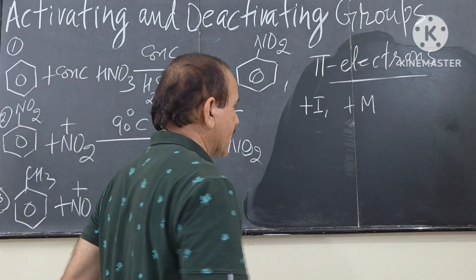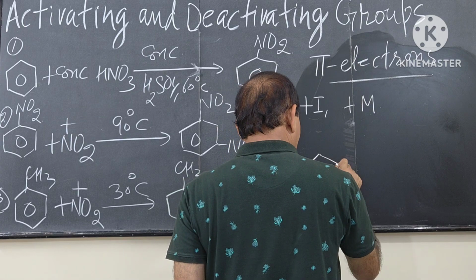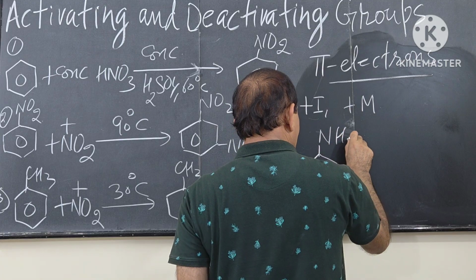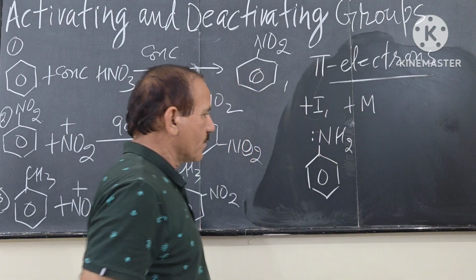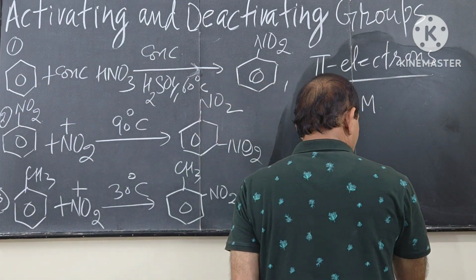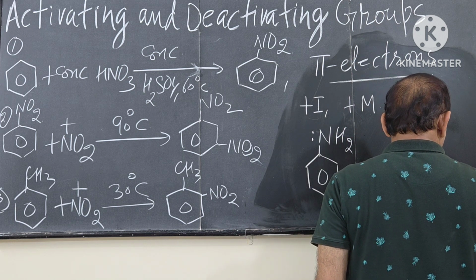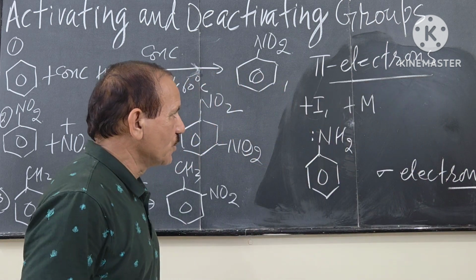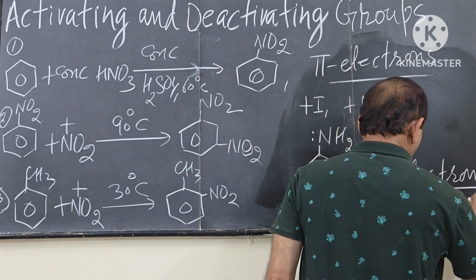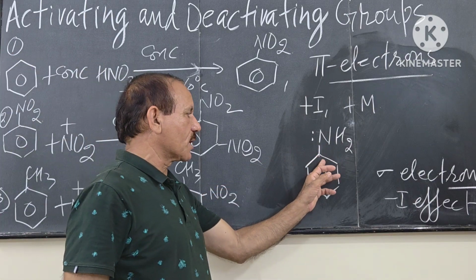For example, let's say NH2, when present on the benzene ring, removes sigma electrons from the benzene ring. This is your minus I effect, because of the greater electronegativity of nitrogen as compared to carbon.